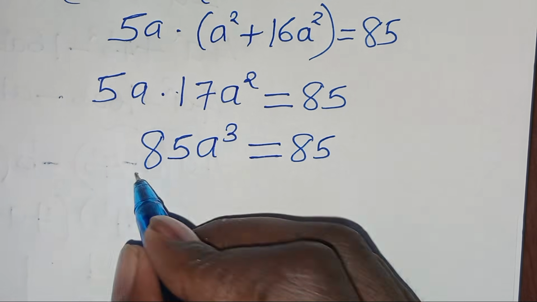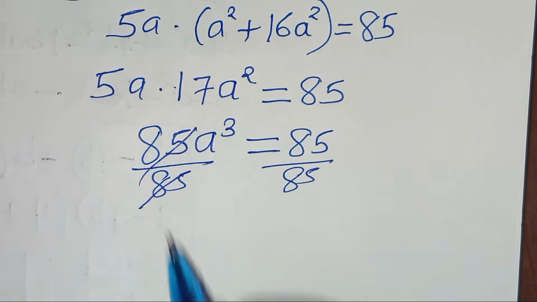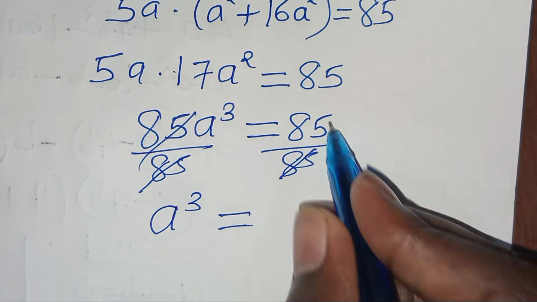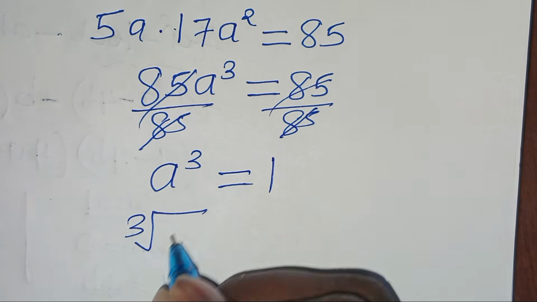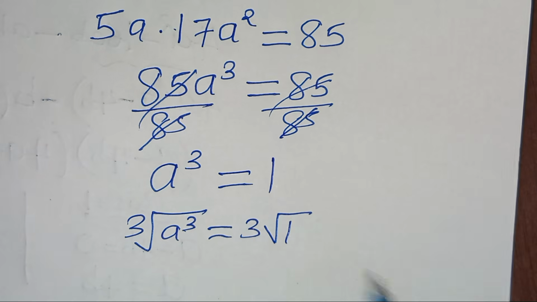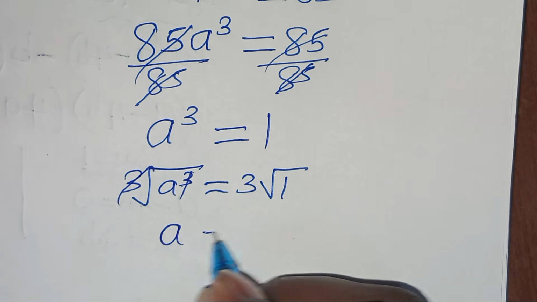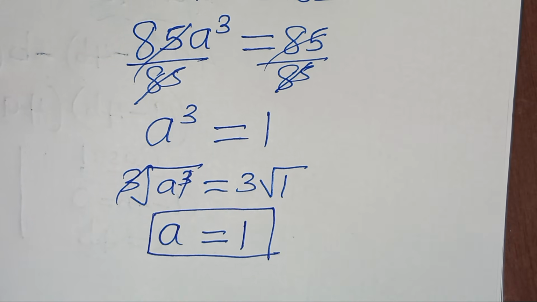So let's divide both sides by 85, so that now we have a to the power of 3 is equal to 1. So let's introduce a cube root on both sides. So the cube root of a to the power of 3 is equal to the cube root of 1. And this implies that a is equal to 1.